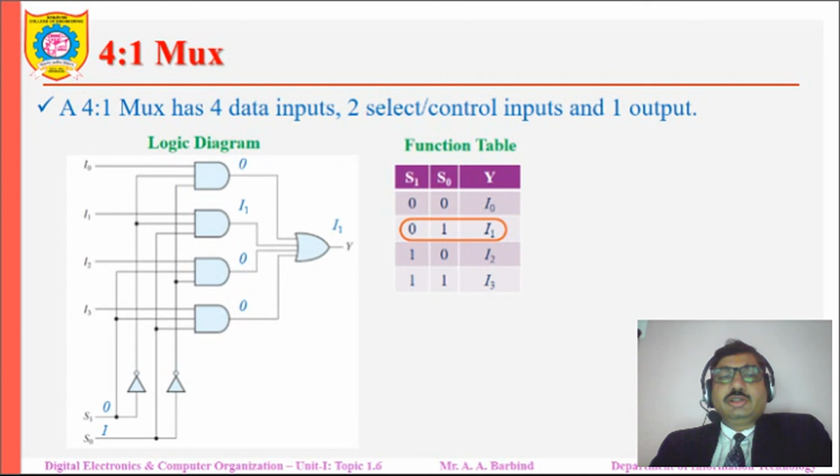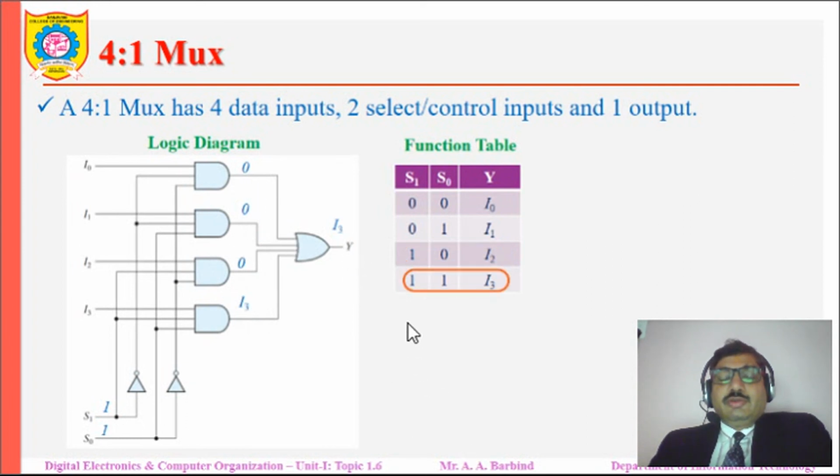In a similar fashion, it can be seen that for the input S1, S0 equal to 1, 0, the third AND gate has its two inputs 1, 1, and the third input is I2, so the output of the third AND gate will be I2, whereas at least one input of the remaining 3 AND gates is 0, so their output is 0 and the final output is I2.